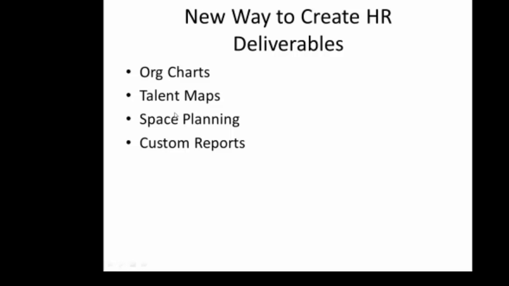Then the talent mapping or skills mapping was available to us. Finally, space planning, the ability to take maps and put your HR data against all of the office space. And then custom reporting. So whatever HR data you've got, there are different strategies for visualizing it for your HR needs.